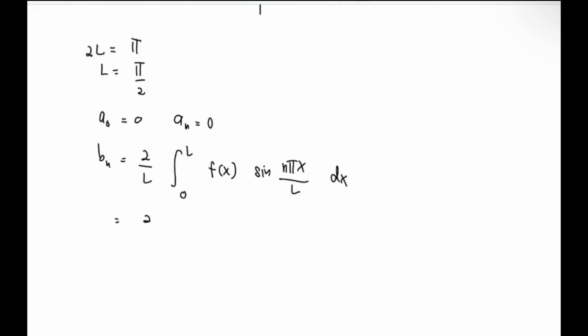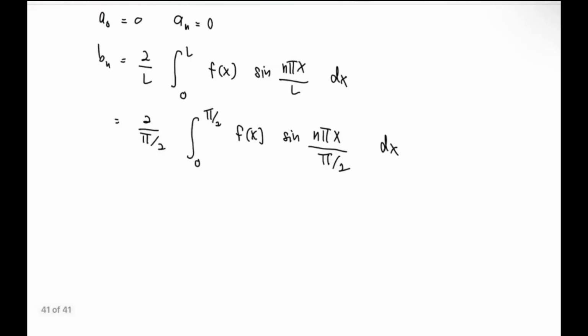So 2 divided by pi over 2, from 0 to pi over 2, f(x) sine n pi x over pi over 2 dx. How do you divide 2 over pi over 2? You rearrange: 2 divided by pi over 2 is equal to 2 multiplied by 2 over pi.